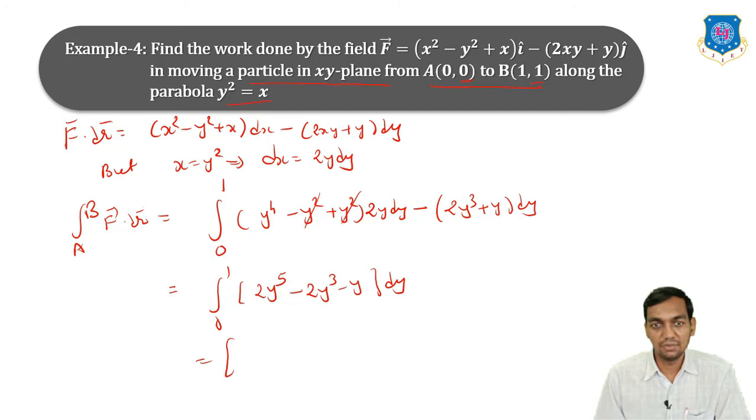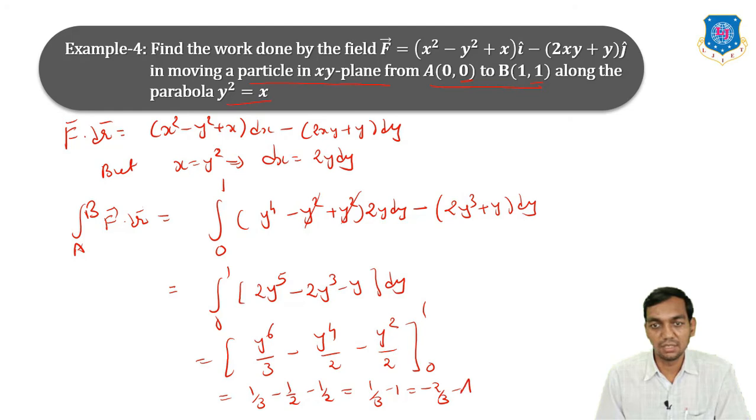So integrating, that will give you y raised to 6 upon 3 minus y raised to 4 upon 2 minus y square upon 2, and the limit is from 0 to 1. So 1 by 3 minus 1 by 2 minus 1 by 2. So 1 by 3 minus 1, that is minus 2 by 3. And this one is the answer. Okay.